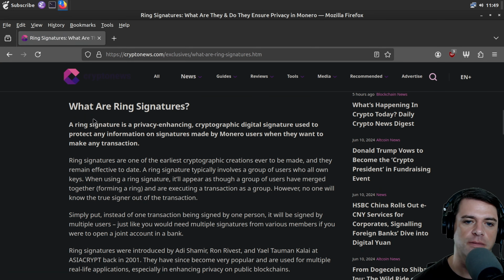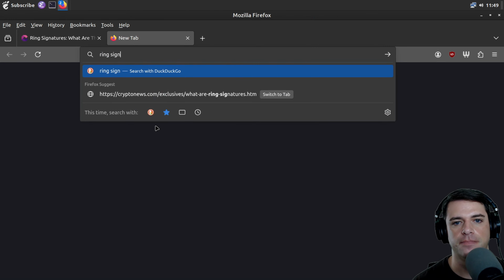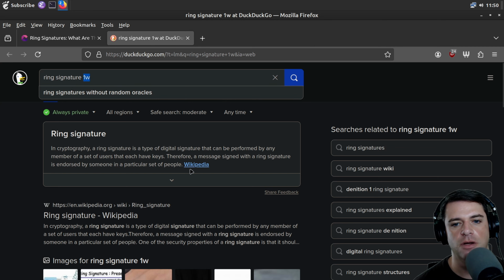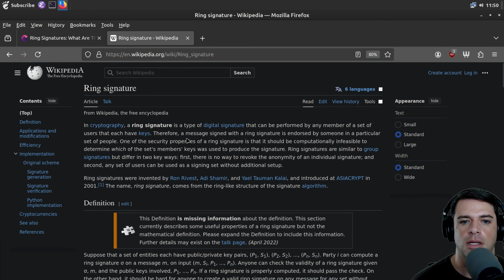What are ring signatures? A ring signature is a privacy-enhancing cryptographic digital signature used to protect any information on signatures made by Monero users when they want to make any transaction. That's basically just fluff. Here we go, ring signature. In cryptography, a ring signature is a type of digital signature that can be performed by any member of a set of users that each have keys.